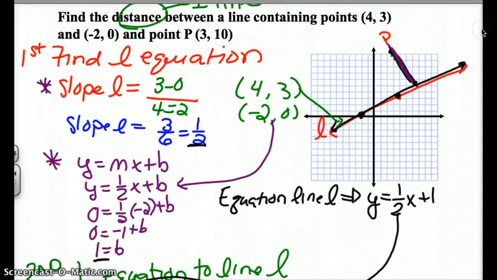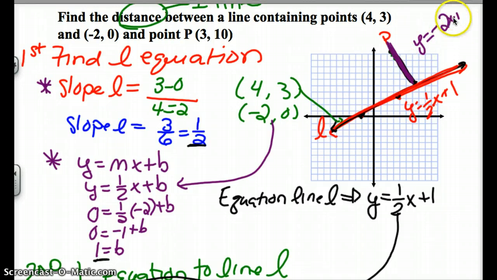Okay, so right now, guys, I have my two equations. I have the equation for this line, y equals a half of x plus 1, and the equation for this line right here, y equals -2x plus 16. I need to find out how far it is from P to here.